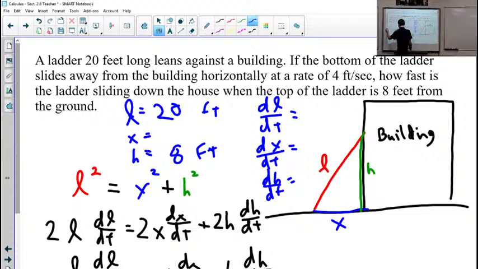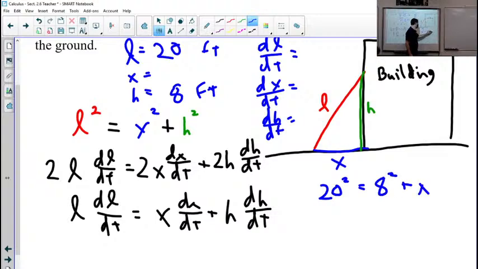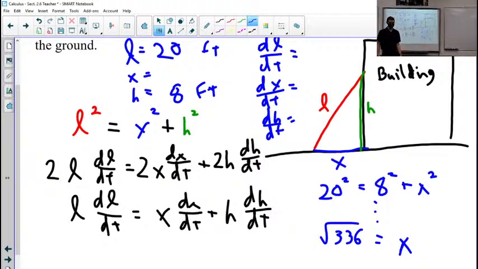Our hypotenuse here is 20, and we're trying to figure out what x is. You know how to do Pythagorean Theorem. I don't need to show that. Square root of 336 feet. Again, I will round that at the end.